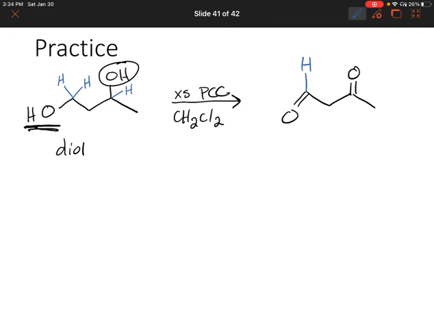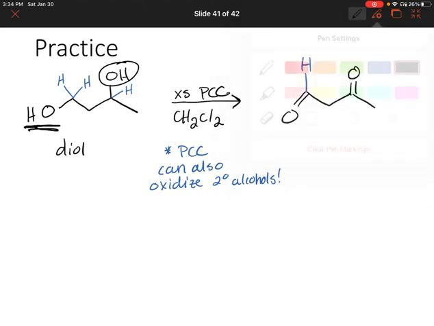It can oxidize a secondary alcohol into a ketone as well. So let's just make a note. PCC can also oxidize secondary alcohols, because that might get a little confusing sometimes. All right, so now we have an aldehyde and a ketone in our final product.